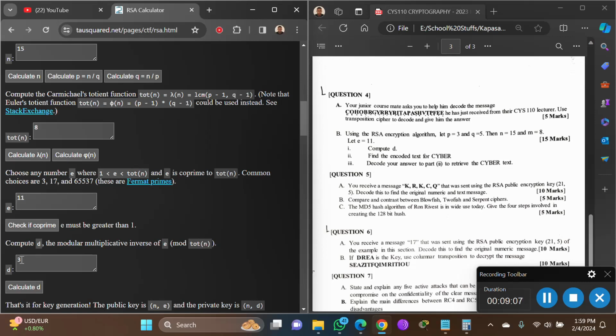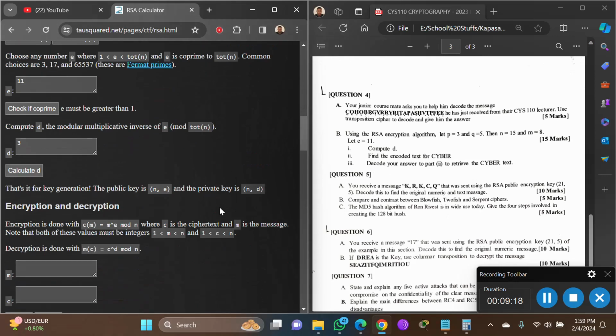Now that we have found compute D, we go where it says find the encoded text for cyber. At this point we know this is the formula. I already explained last time, but I'll do it again.